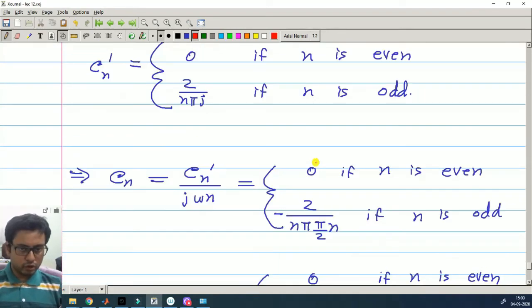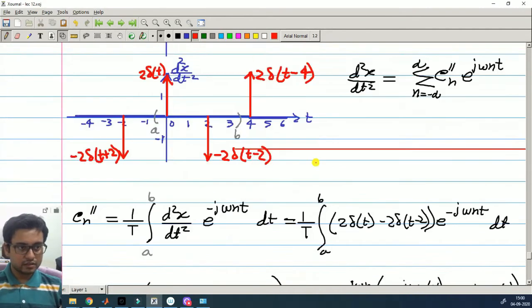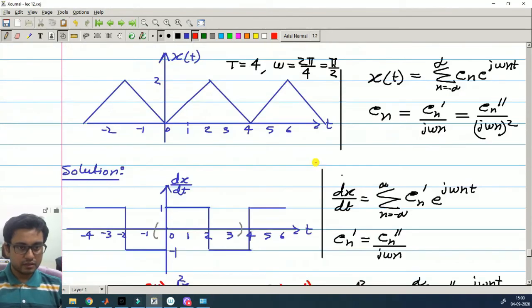You should also understand this fact that it is not possible to calculate C0 as C0 prime by j omega n, because when you differentiate a signal, then the average value will have no effect. You can add any constant to a signal, but the derivative will remain same.